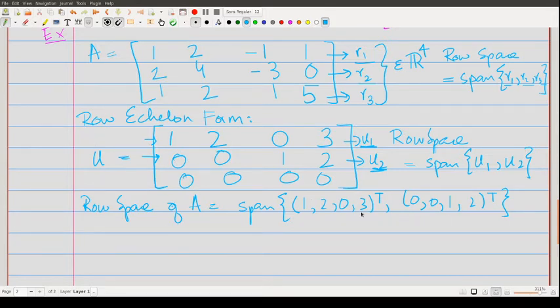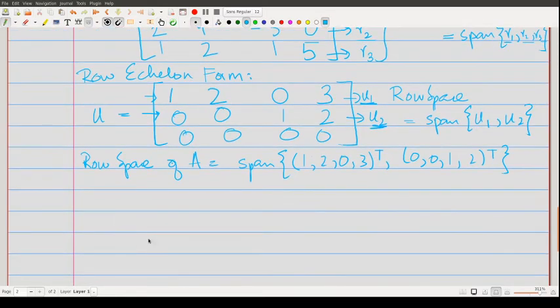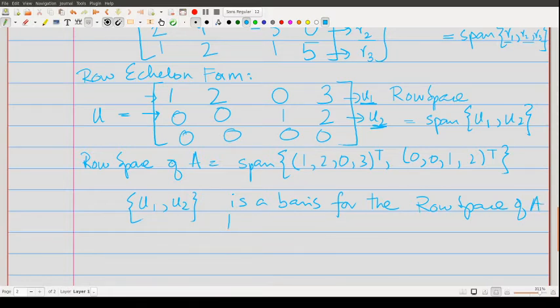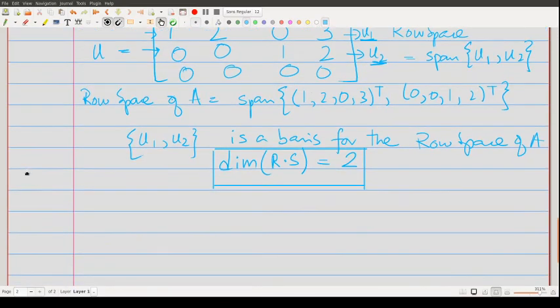So both of these are linearly independent, both of them span, and so this collection U1, U2 is a basis for the row space of A. Since we have a basis, the dimension of the row space is equal to 2 because it has just two vectors. This is how you find the dimension of a row space. That's the first thing.